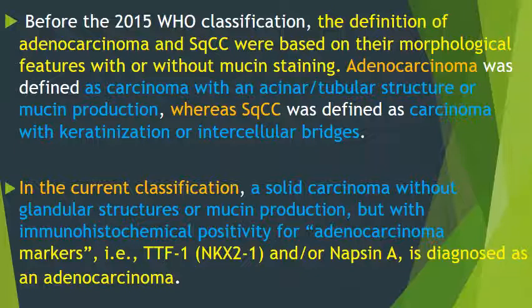Basically, in the current classification, a solid carcinoma without a glandular structure or mucin production, but with immunohistochemical positivity for adenocarcinoma markers, that is, TTF1 positive and napsin A positive, is diagnosed as adenocarcinoma, even if the tumor is solid with no glandular, acinar or tubular features, with or without mucin.